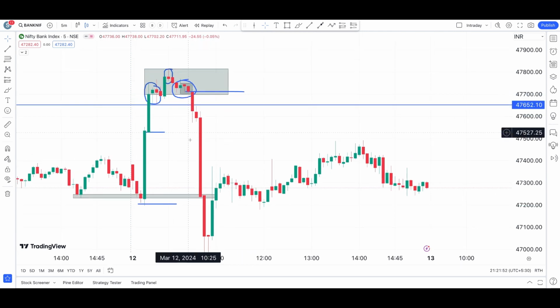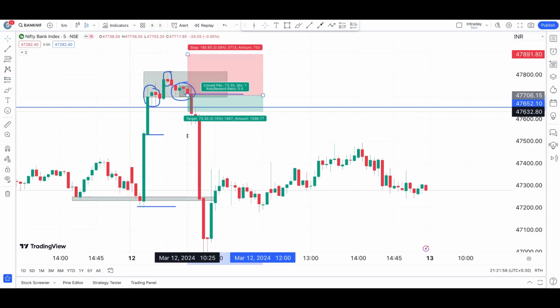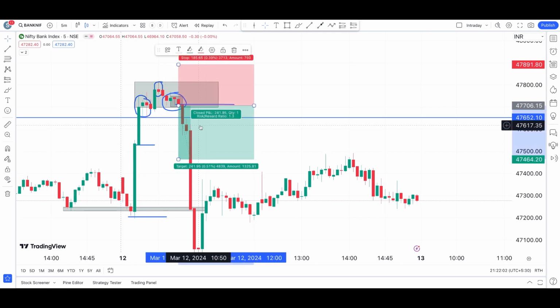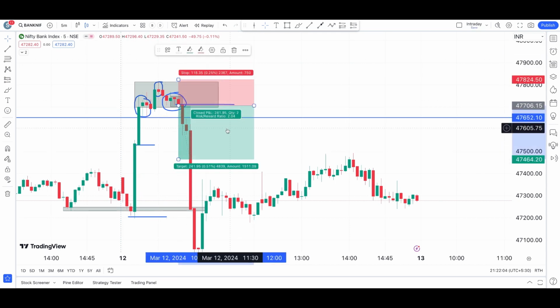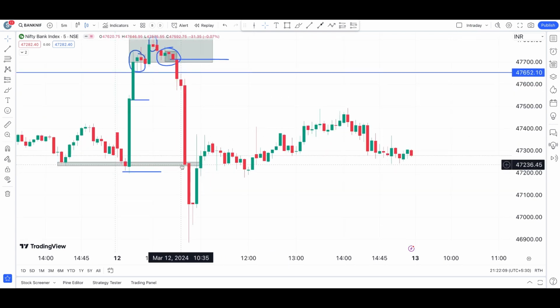So in such scenarios, you can easily at least take 50% of this momentum approximately. But in this case, it has not only crossed 50%, but it has reached all the way till here.